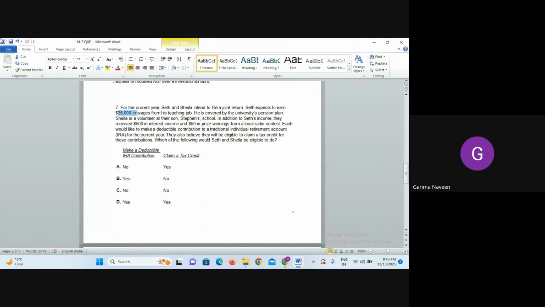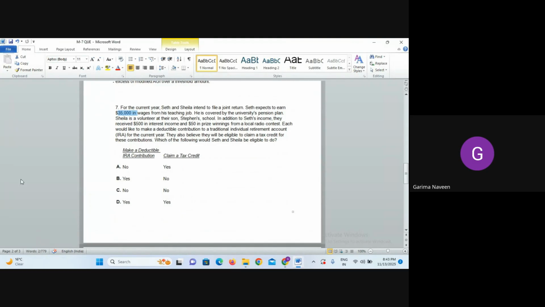In addition to that income, they received $500 in interest income and $50 in prize winnings from a local radio contest. Each would like to make a deductible contribution to a traditional IRA for the current year. They also believe they will be eligible to claim a tax credit for this contribution.